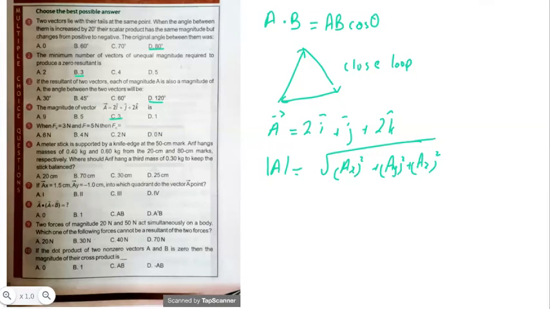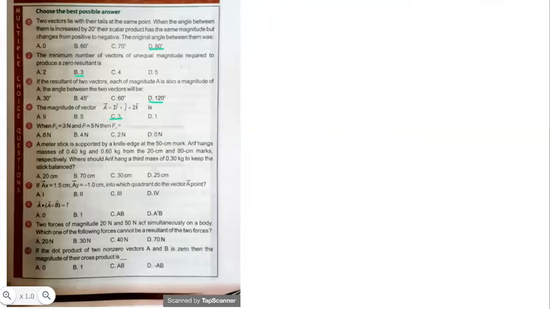Okay, then question number 5 is: when fx is 3 Newton and f is 5 Newton, then fy is equal to? Now this is the tricky question and you have to solve it. We have to find out fy.